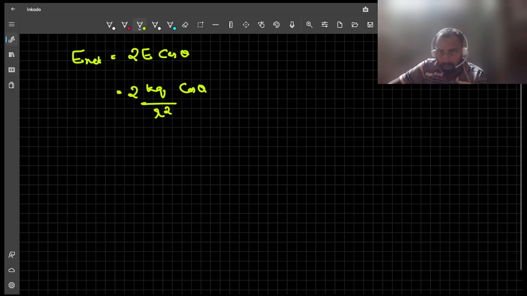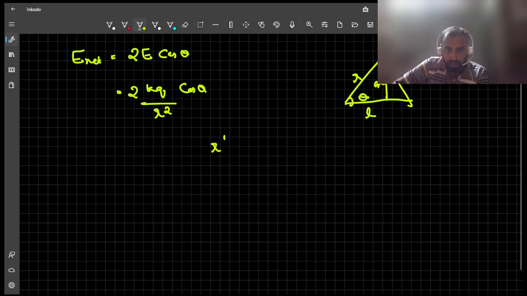From the figure, this is our figure I'm just drawing. This distance is x. This is our r, and this is the angle theta. Okay. So by using the Pythagoras theorem, we can write r square is equal to x square plus L square.